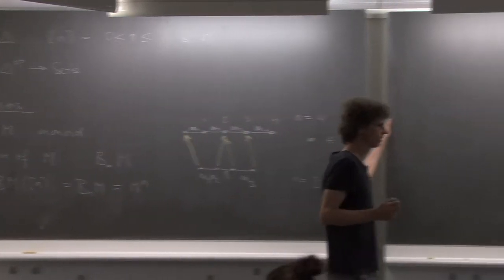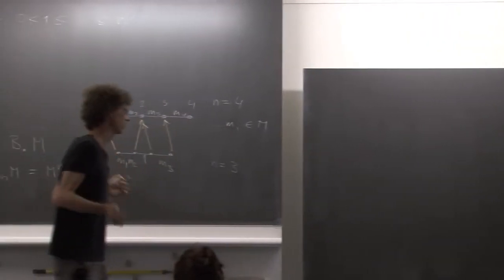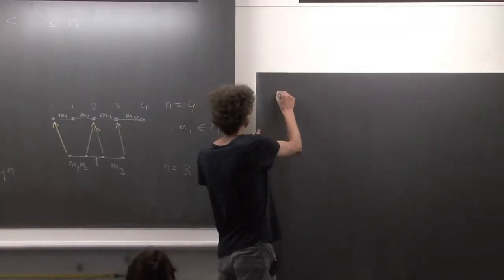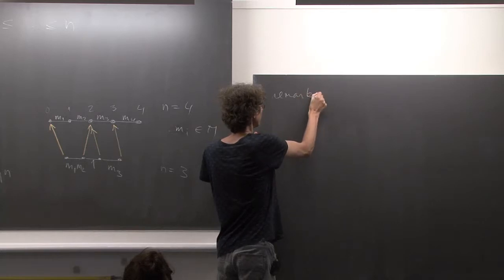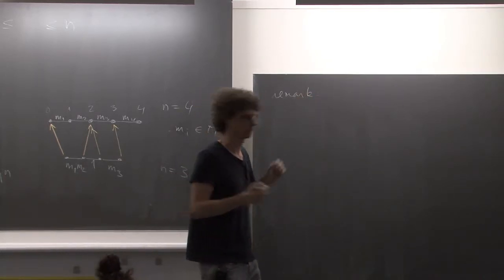Now we're going to have a proposition, but let's first start with a remark, which is that we can reconstruct M back from its nerve.